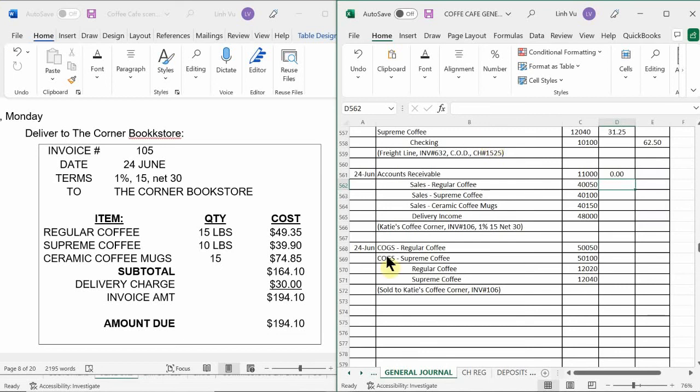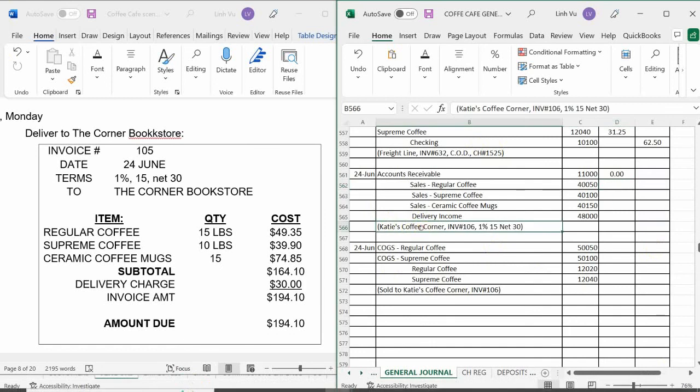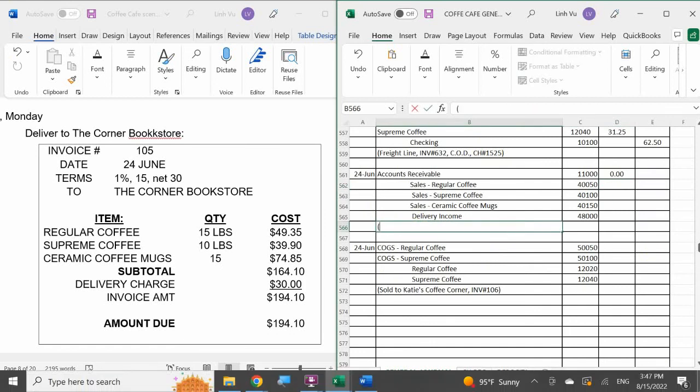And then change the detail. It's invoice number 105. And we didn't receive any check, so, oh, and 1%, 15 net 30.